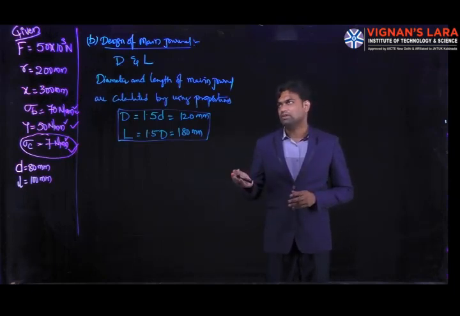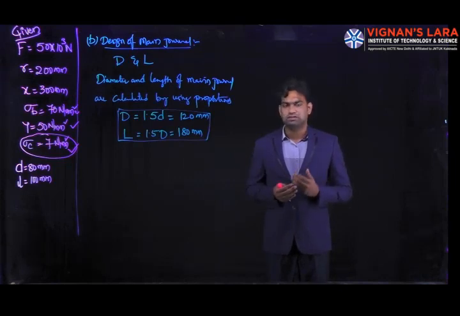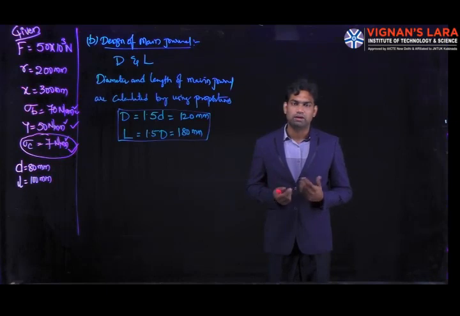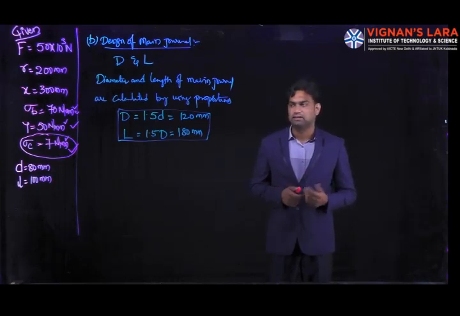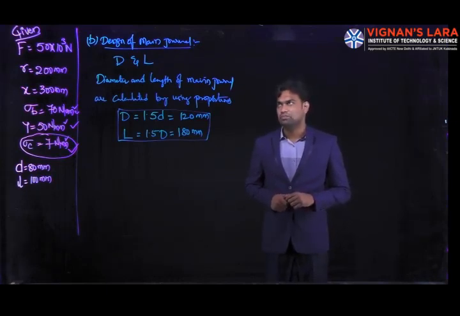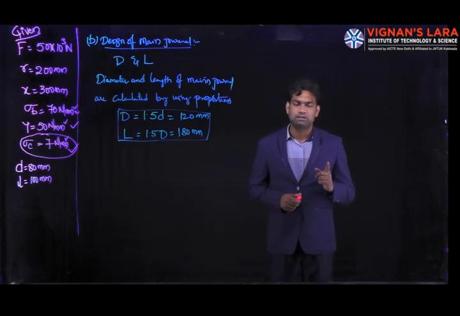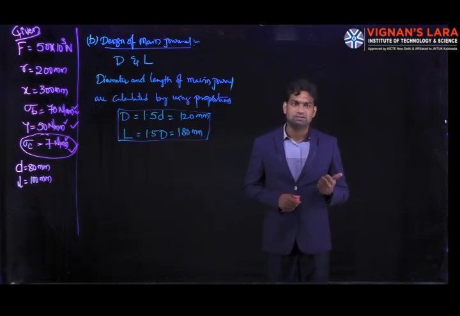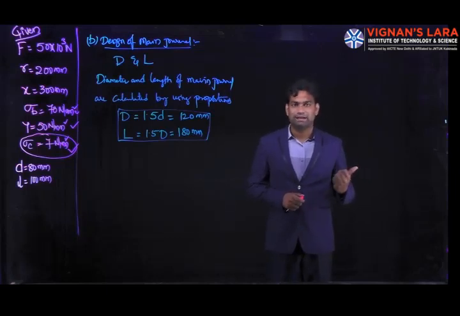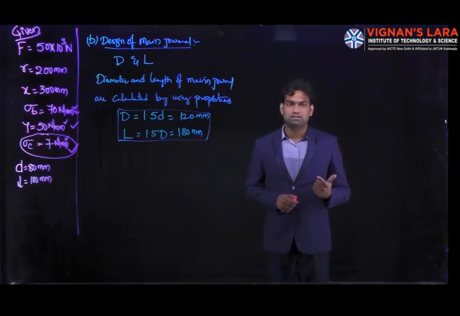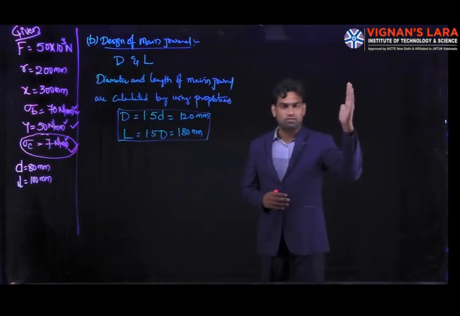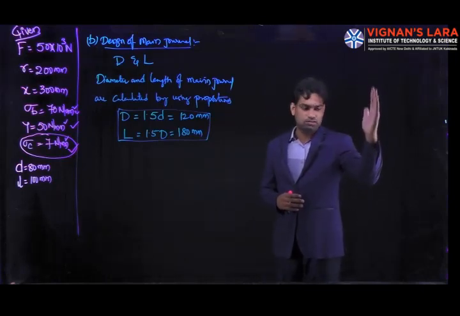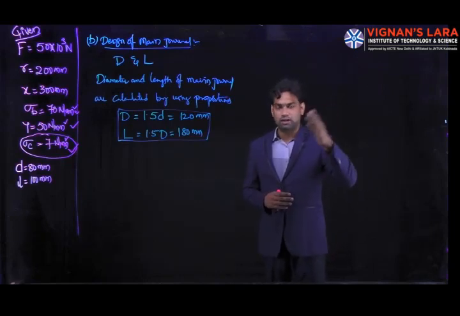First of all, see the stresses induced in the main journal due to the radial component of force and the tangential component of force. For the main journal, three stresses are induced. The first one is the bending stress due to radial force, and the second is again a bending stress. Initially it is in the form of a crank, the web and the journal, and the load is acting, so you can observe in the diagram.